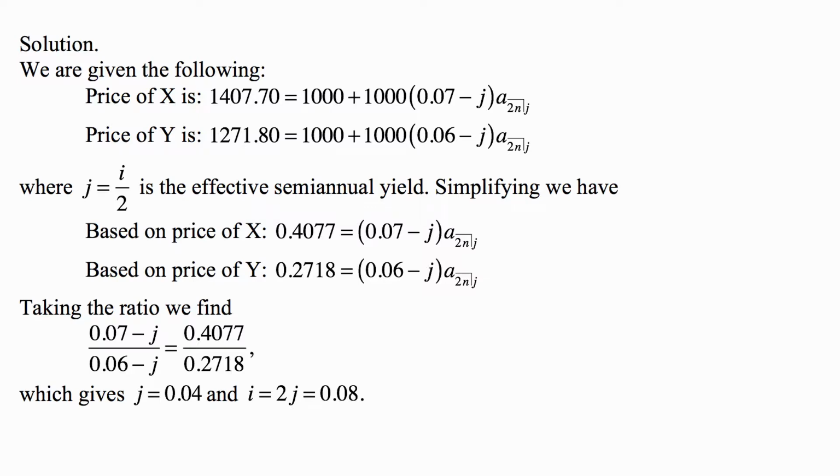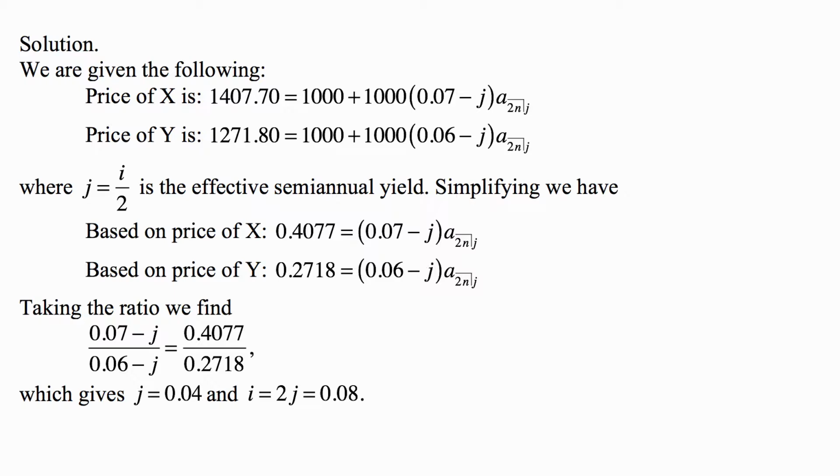And this is the premium discount formula for the price of a bond. It effectively says that in this case, the premium 1407.70 minus 1000 is equal to 1000 times the coupon per half a year minus J, the semi-annual yield, times a angle 2n at the rate J.